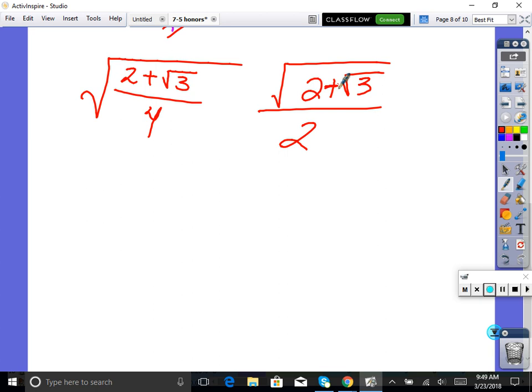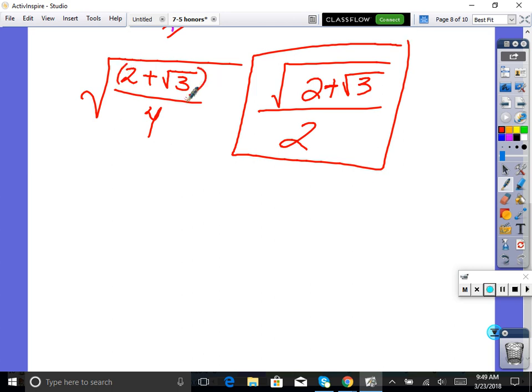We're still able to use the unit circle to give an exact answer. So on top we have the square root of 2 plus root 3, and on bottom we have the square root of 4, which is 2. Okay, so that feels like an ugly answer, but it's not.